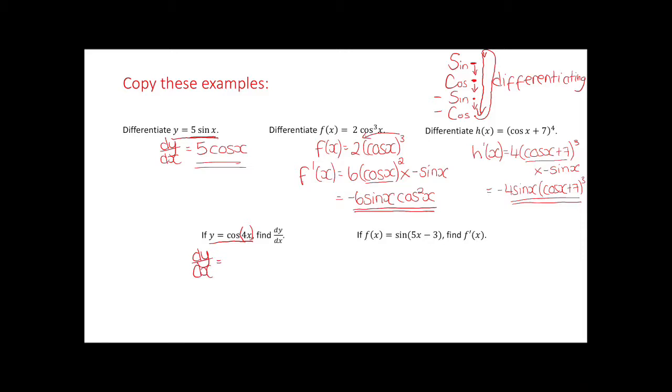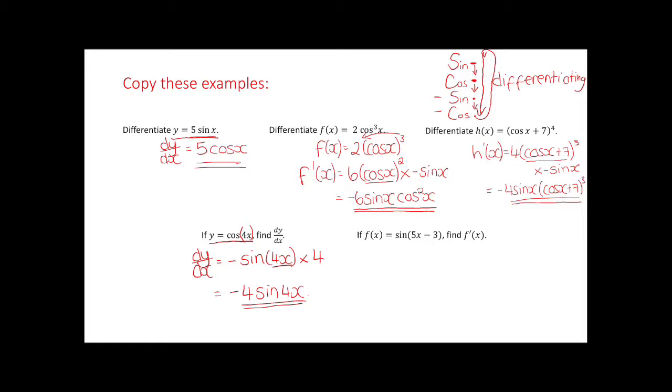If we differentiate cos, cos goes to negative sine, and that 4x is going to stay exactly where it is. We now need to multiply by the derivative of the bracket, and if we differentiate 4x, we just get 4. Tidy that up, we've got negative 4 sine 4x, and that's going to be our final answer.